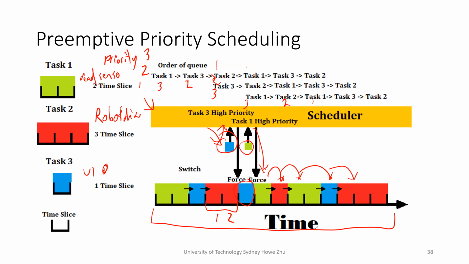So for example, your robot reads the sensor, and then the user presses forward, and then the robot has to drive forward. The robot driving forward will take the most time slices. So the robot's currently just driving forward, it's moving forward. And then let's say the user suddenly presses stop. So this is the stop command.